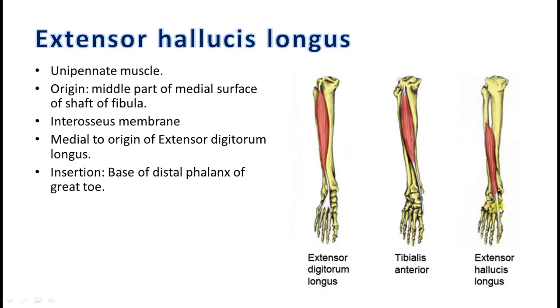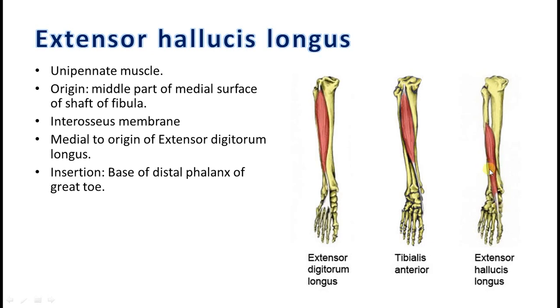Retinacula of the foot I will discuss in the next lecture, immediately following this one. The function of the retinacula is to hold the tendons in place, because they should prevent bowstringing of the tendons during various movements of the foot, and because the tendons change direction from the leg to the foot, that is why there are retinacula present.